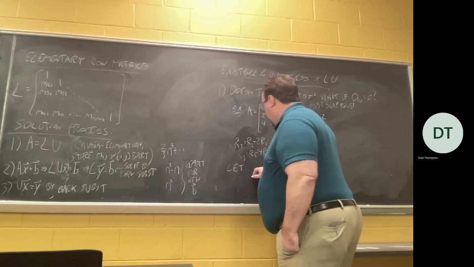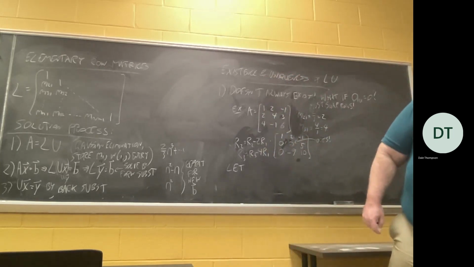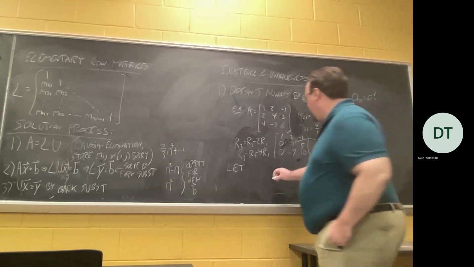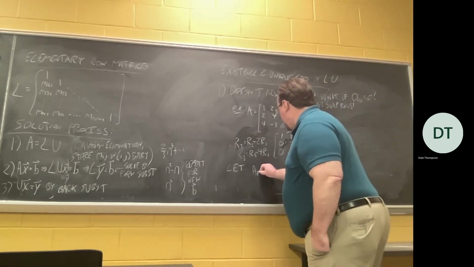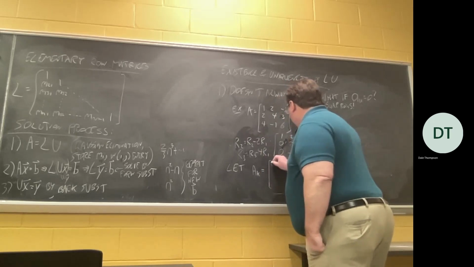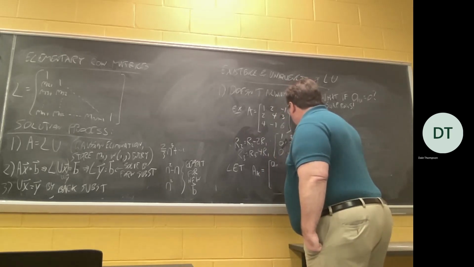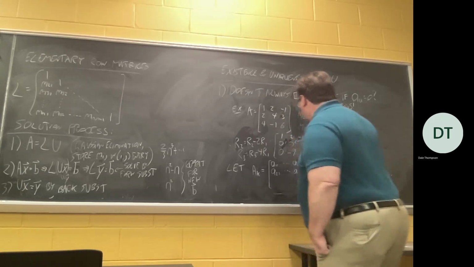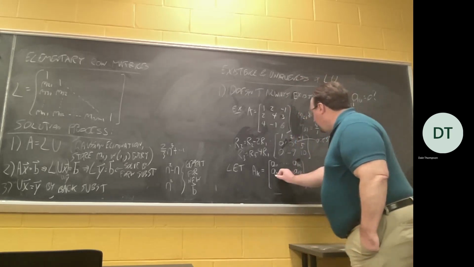If I define this matrix, I'll call it A sub k, it consists of the first k rows and columns. So it's a submatrix of A. It's just taking the upper left k by k block.